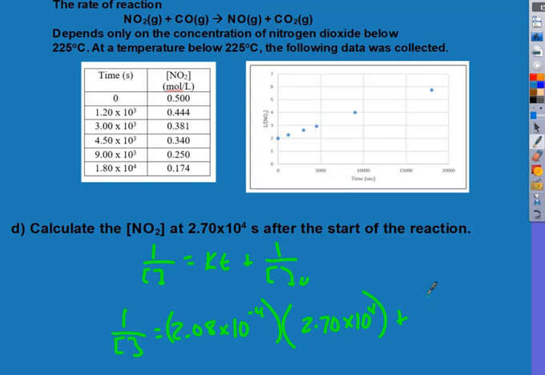And then initial, remember we're always pulling it from up there. So plugging it in, you get 1 over concentration is equal to 7.616. So concentration is equal to 1 over 7.616, which is 0.131 molarity.